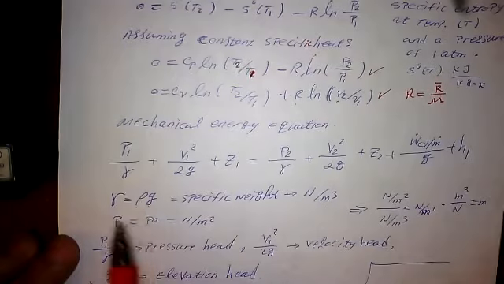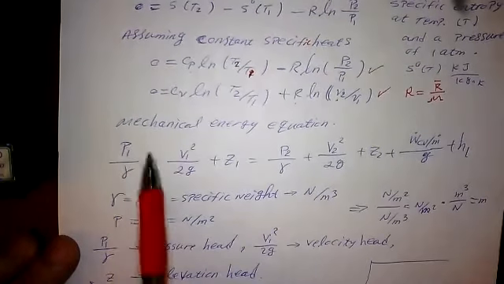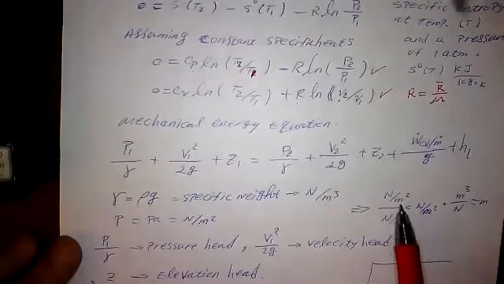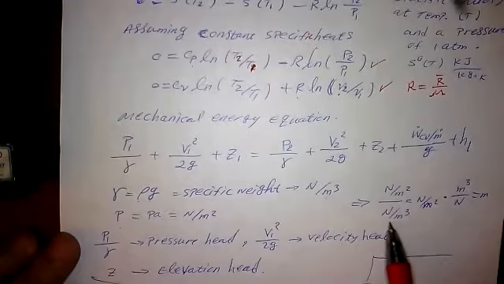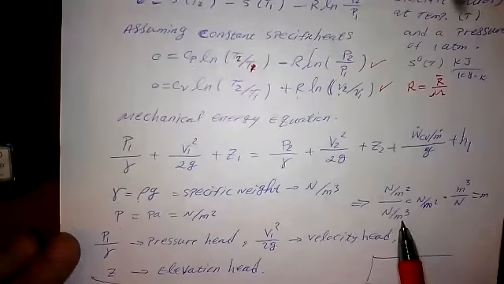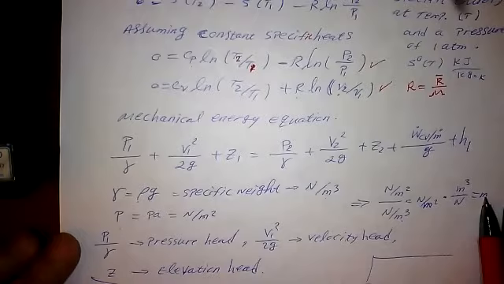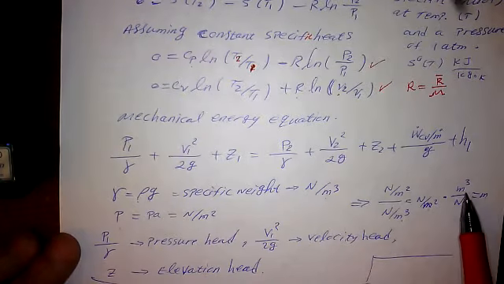The first term we call the pressure head. The unit of pressure is Pascal, or Newton per square meter, and specific weight has a unit of Newton per cubic meter. If we simplify, the numerator is Newton per square meter; take the reciprocal of the denominator and you get cubic meter divided by Newton.